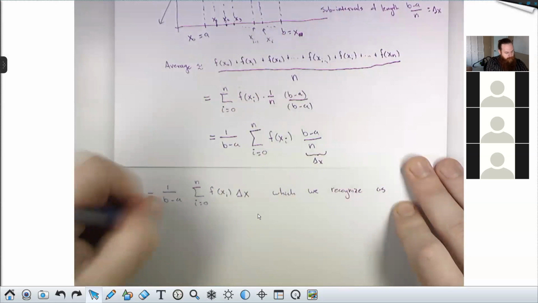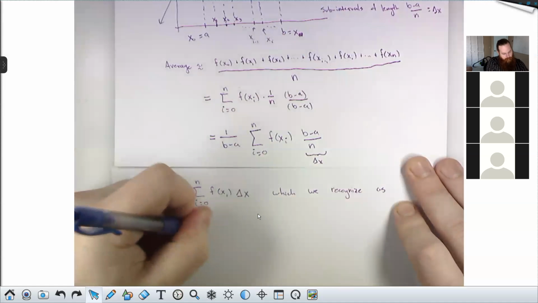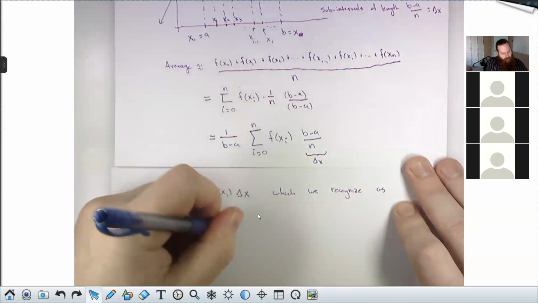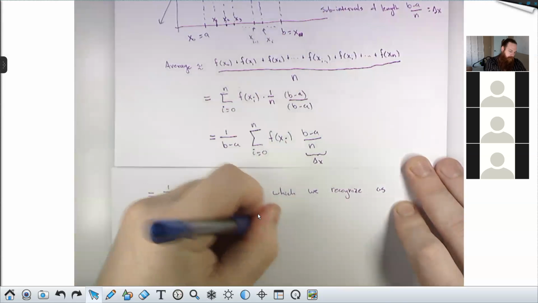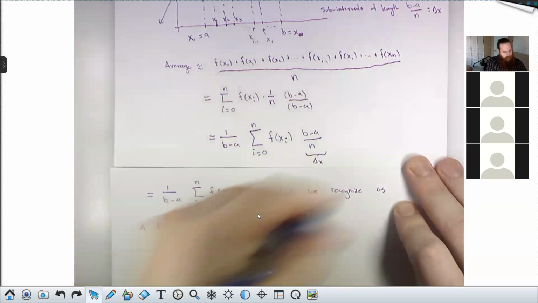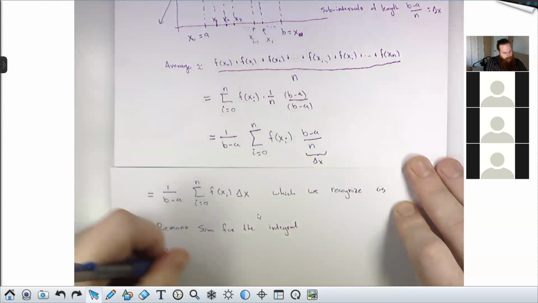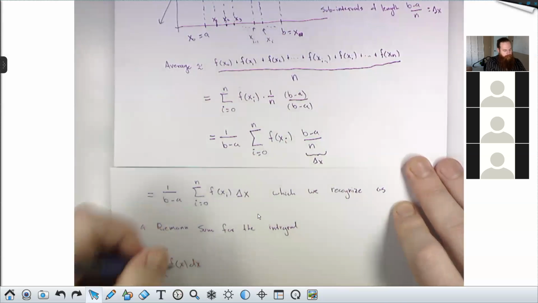as a Riemann sum for the integral, with the 1 over b minus a out front: the integral from a to b of f of x dx.